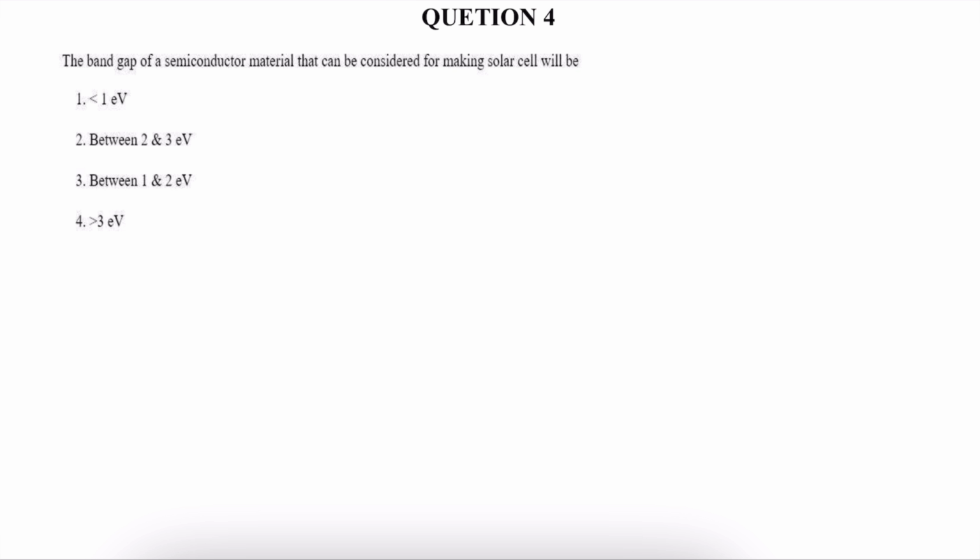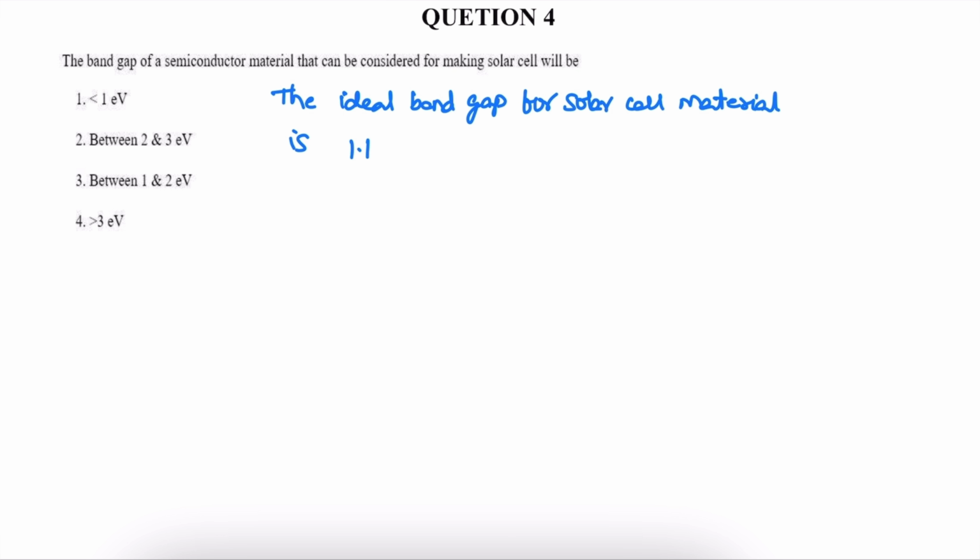Generally, the ideal band gap for solar cell material is in between 1.1 electron volts to 1.5 electron volts.